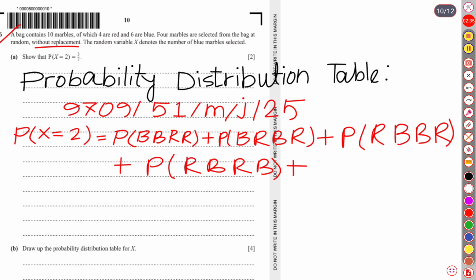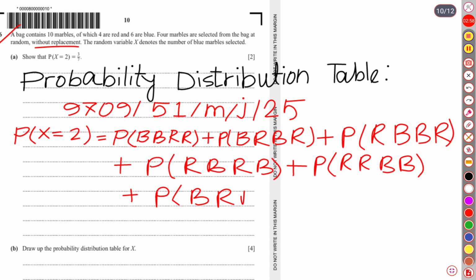Now the fifth case is that the first two are red, so surely the final two are blue. This is the fifth case. Then the sixth case may be that the first one is blue and the final one is also blue. That means there will be 2 red marbles picked in between 2 blues. So these are the total 6 possible cases.